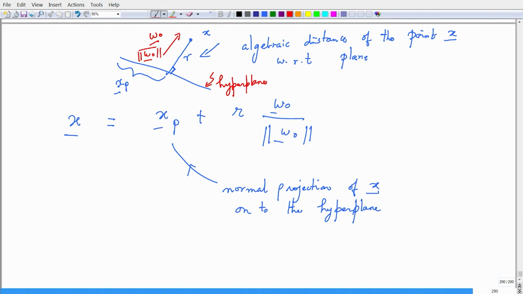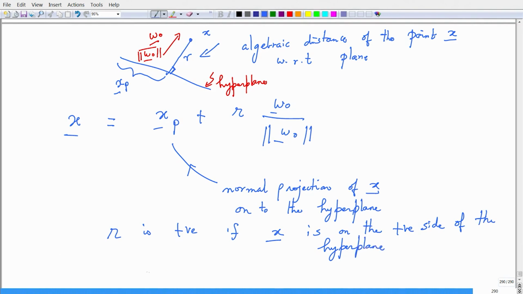Okay. Now bear in mind r is positive if x is on the positive side of the hyperplane and it could be negative if this is on the negative side of the hyperplane.